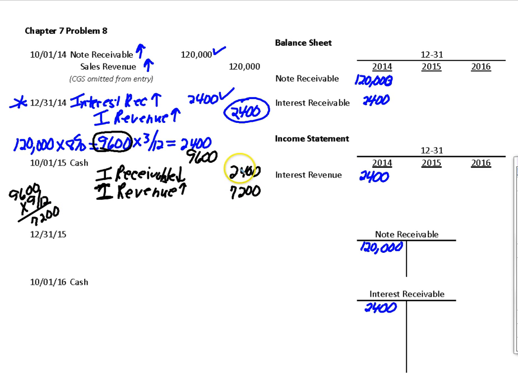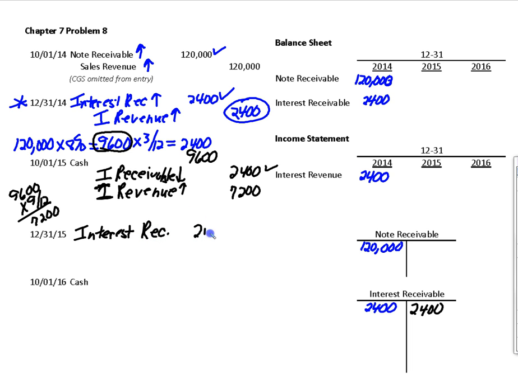And let's go post. So we are reducing interest receivable $2,400, and that zeroed that out, right? And then we would have had $7,200 in our revenue. Okay, now 3 months go by, and we will have a right to accrue another 3 months. We haven't received any cash, so we're going to accrue interest receivable again for another 3 months, $2,400.